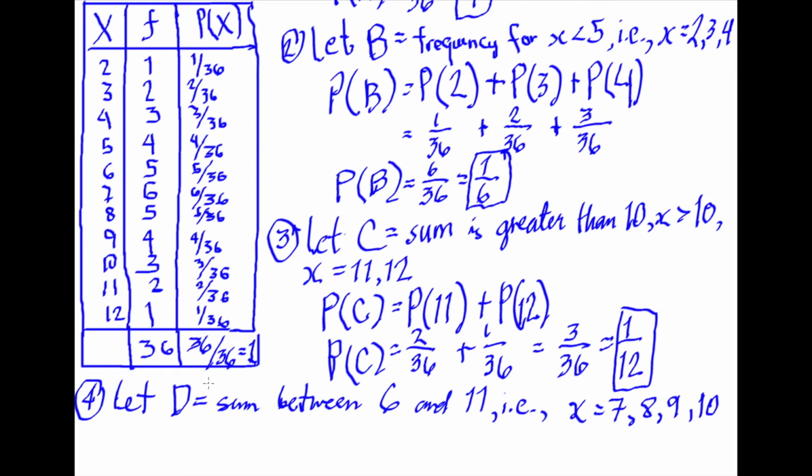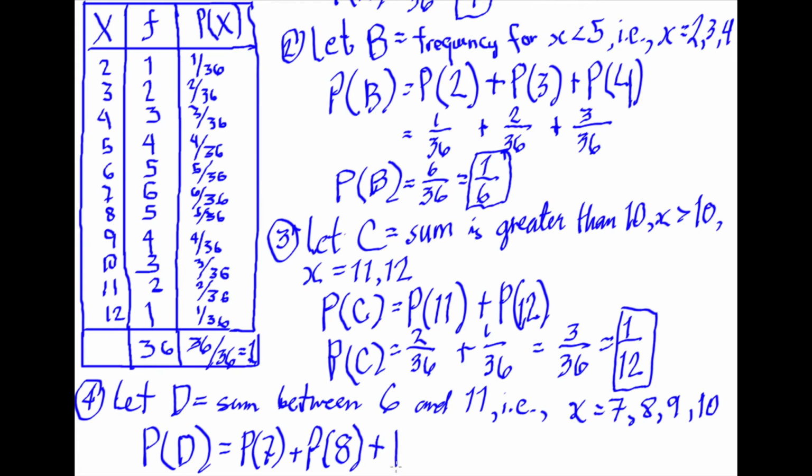To get the probability of D, we need to get the sum of all the probabilities from 7, that is, P of 7 plus P of 8, and so on. We substitute the values of each individual probability. 7 is 6 over 36, 8 is 5 over 36, 9 is 4 over 36, 10 is 3 over 36.